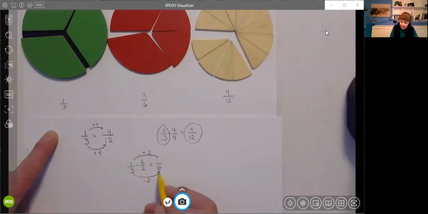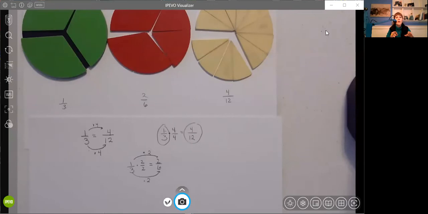So you multiply by 2, you get 6. You multiply by 2, you get 2. So 1/3 and 2/6 are called equivalent fractions. So we're multiplying by a certain number to go from one denominator to a different denominator.